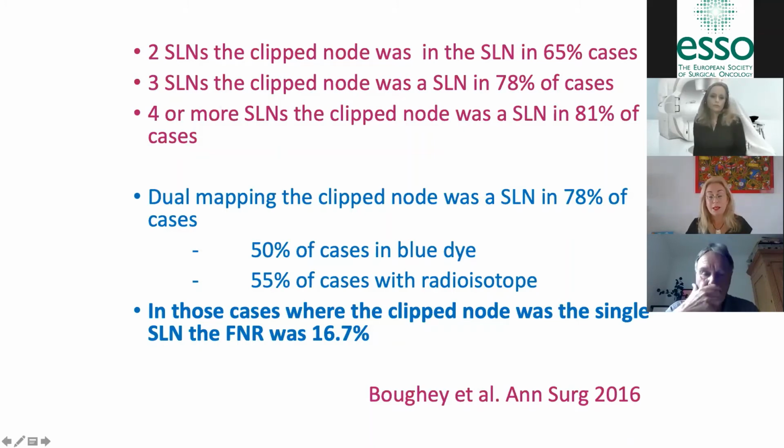This is from the study of the ESSO 71, and you can see here that when they excised 2 sentinel lymph nodes, the clip node was the sentinel lymph node in 75% of the cases, and the more sentinel lymph nodes you excise, the more chances that the clip node was the sentinel lymph node. We've seen also that if you only excise the clip node, the false negative rate can be higher than 7%.